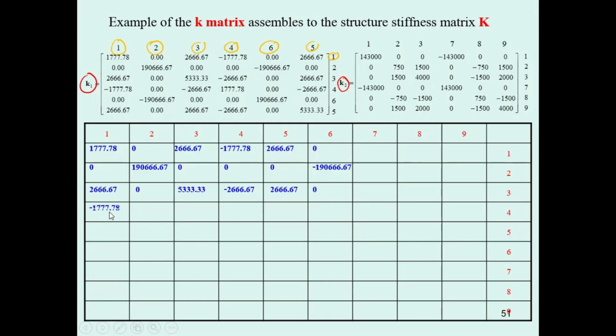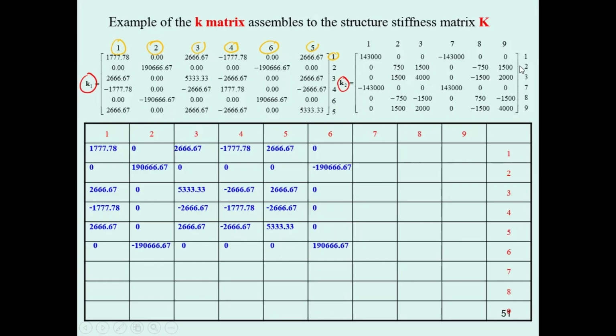Start 1, 2, 3, 4, 6, and then 5. And then the last, no, that's not 6. Okay, row number 6, right? Row 6 over here: 1, 2, 3, 4, 6, and then 5. The last one, row number 5: 1, 2, 3, 4, and then 6, and then 5.